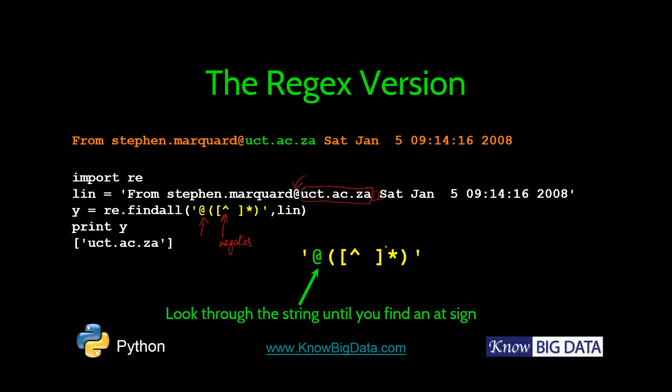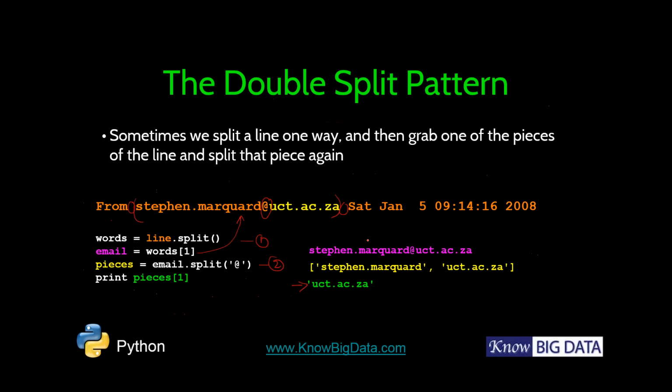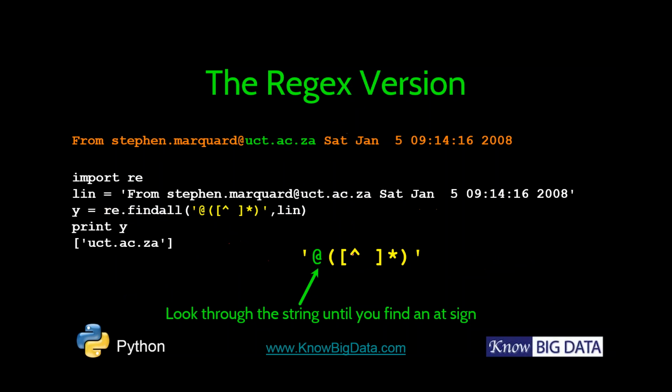In a single step. Our first approach included four steps. The second one, double split, included still further steps. This regular expression version is just a single line, to figure out the domain name directly.